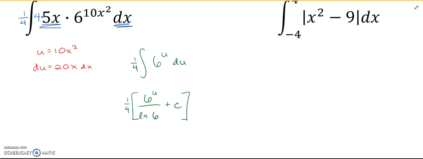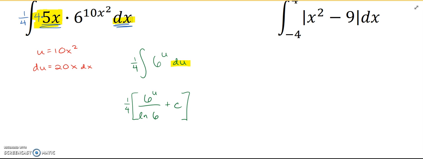The 4 and the 5x is embedded. All of this stuff right here is embedded inside of that du. All of this is already there. When you put in du, you took all of that and said, hey, I'm just going to check. You do not need to make it 5/4 on the outside.